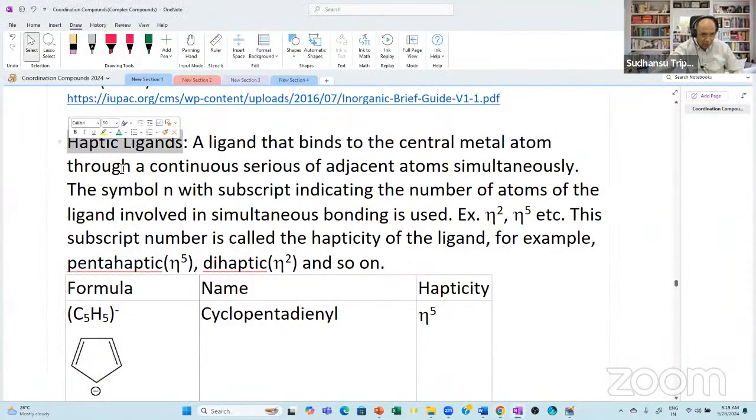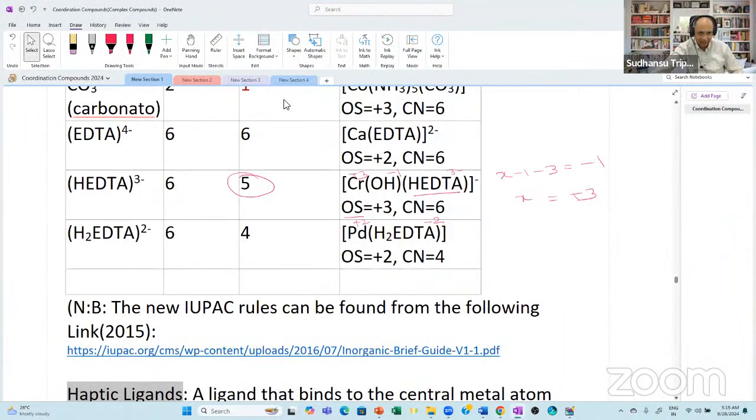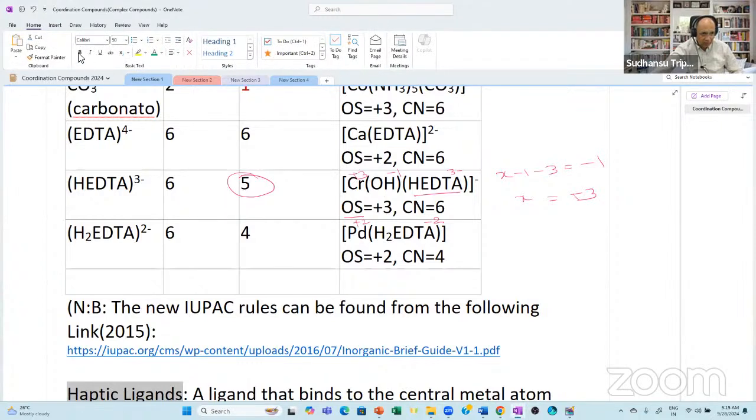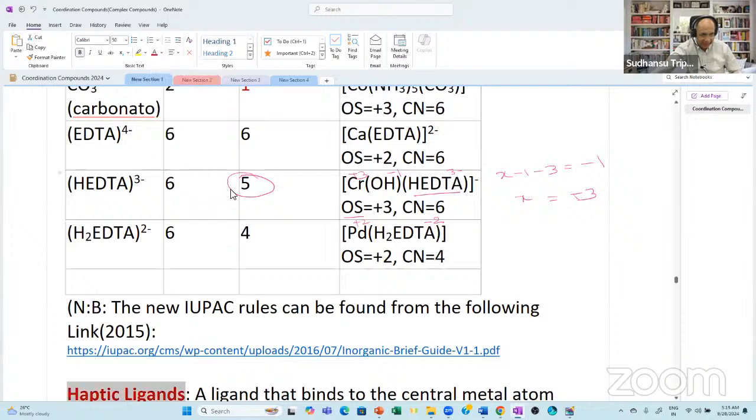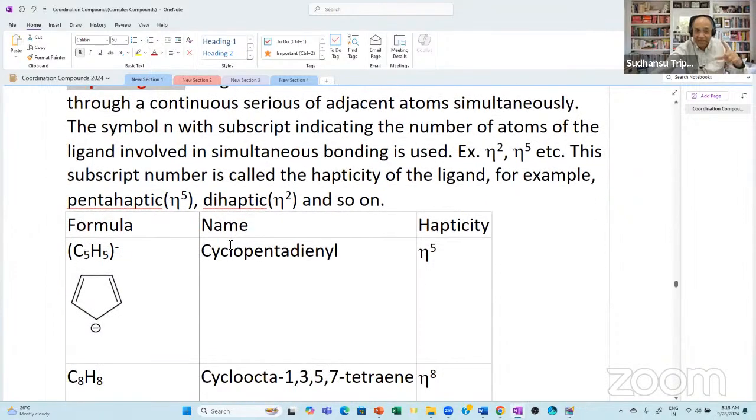We will talk more about the haptic ligands later. There is another type of ligand called haptic ligands, where one ligand uses more than one atom. All the atoms continuously bind or link with the central atom.